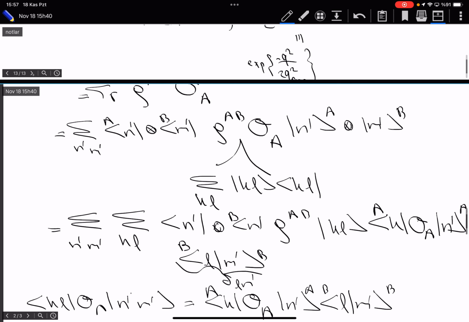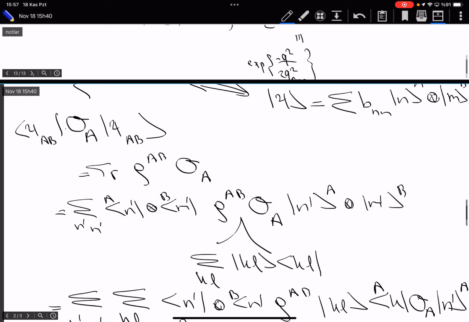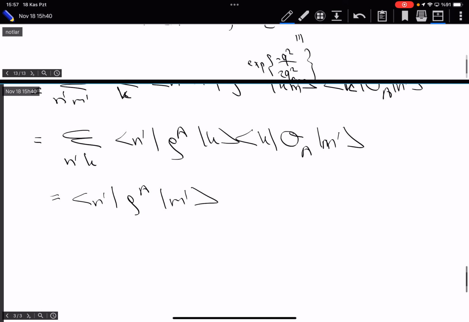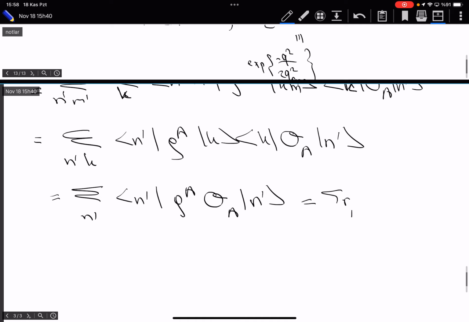So where did I start? I started with the sum over n prime of rho A, or A n prime. This is the trace over the A degrees of freedom, rho A. So what did we achieve?